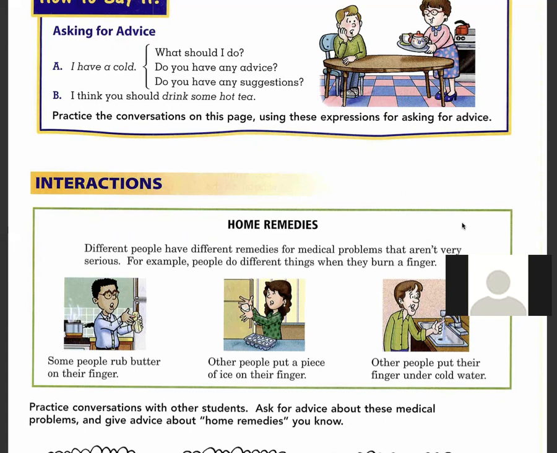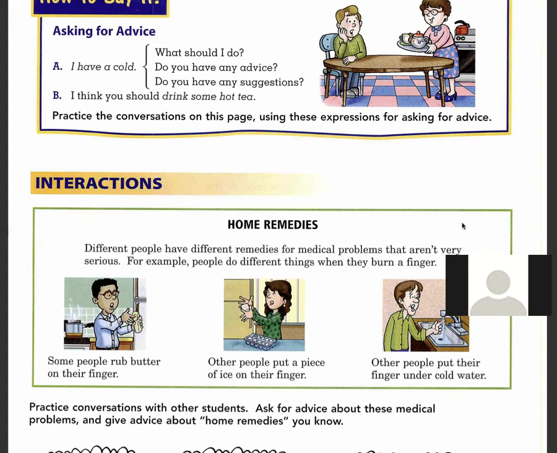And then you will look back and say something like, I have a burn on my finger. Oh, I think you should rub some butter on your finger.